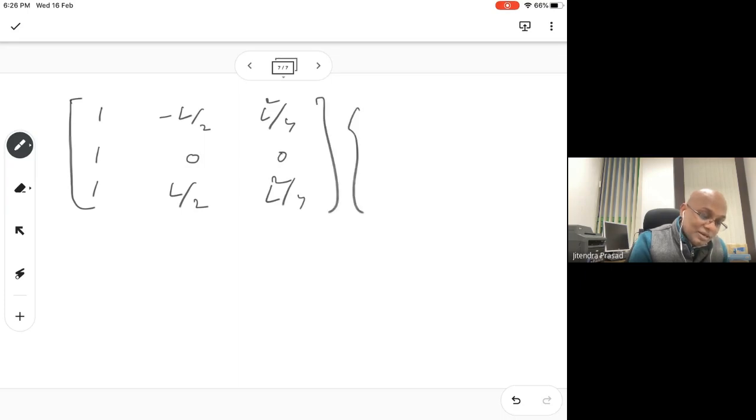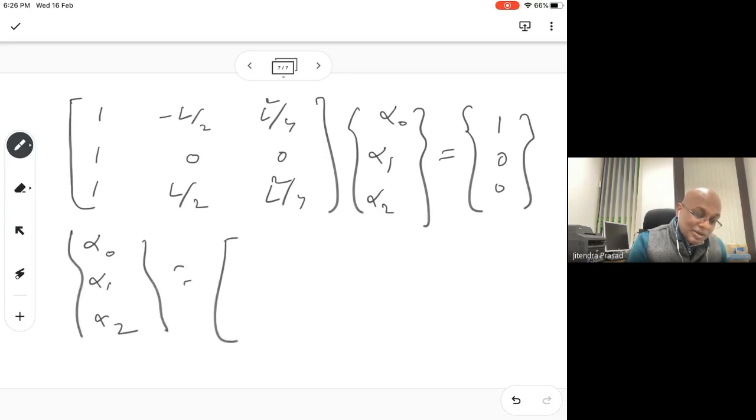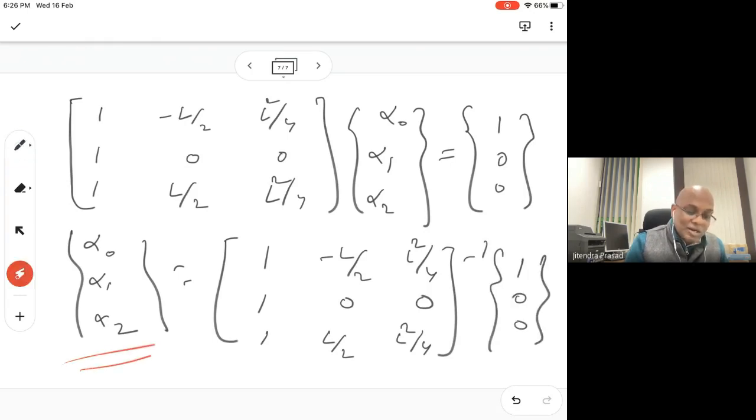And here you will have alpha naught, alpha 1, alpha 2 is equal to 1, 0, 0. Yeah. So then you can find out, inverse it: alpha naught, alpha 1, alpha 2 is equal to the inverse of that matrix, 1, minus L over 2, L square over 4; 1, 0, 0; 1, L over 2, L square over 4, multiplied by 1, 0, 0. You can find out these alpha naught, alpha 1, alpha 2.